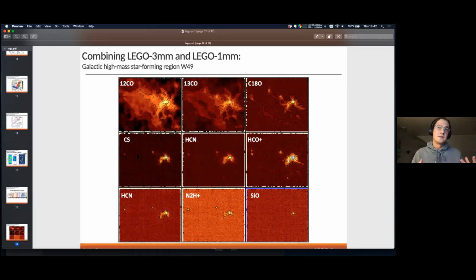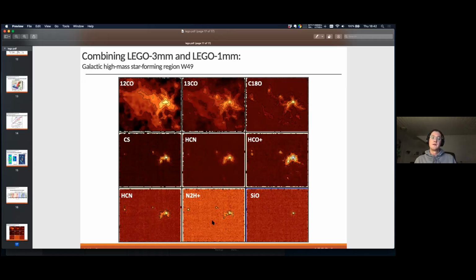And the very first results here, I'd just like to show: you've got the CO lines here, the 2-to-1 lines, and then the 3-to-2 lines for the other species. So yeah, still very early stages here and very early data reduction.